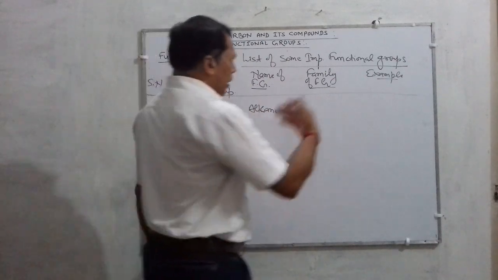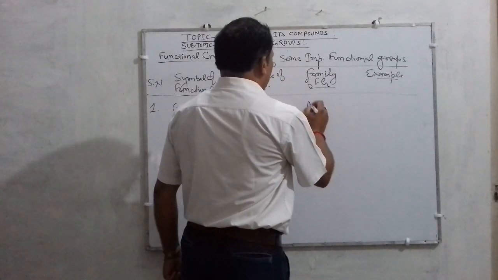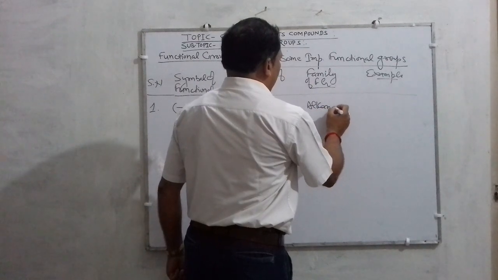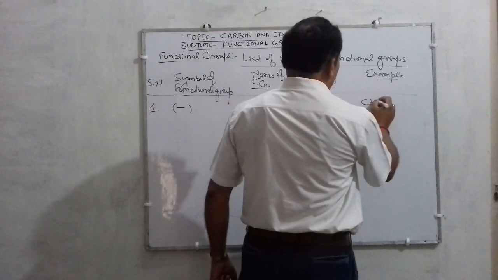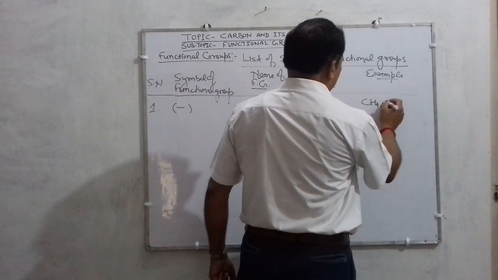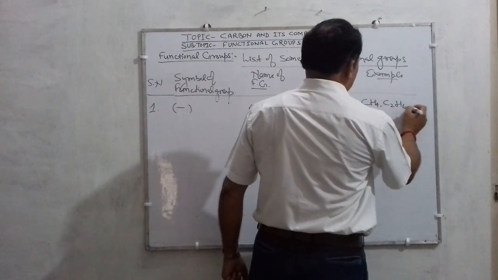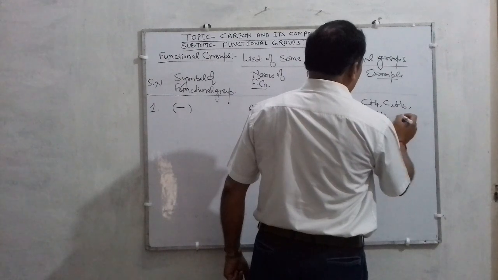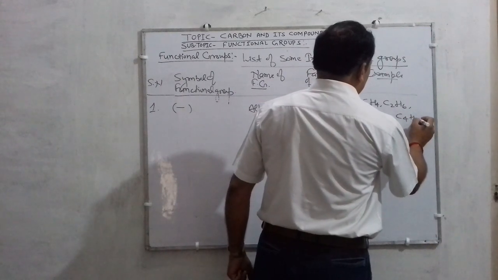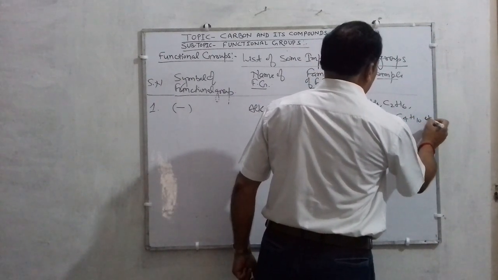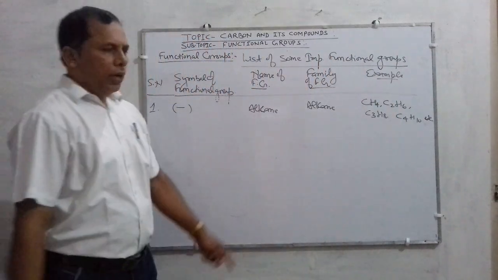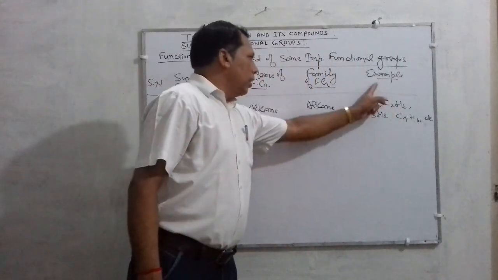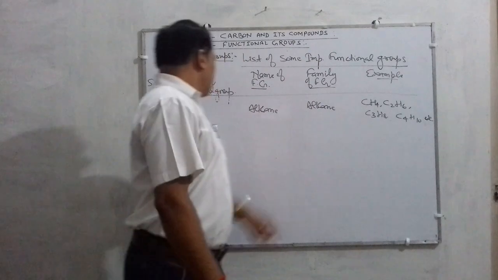The family of the functional group will be similar, alkane. For example, you can write CH4 is methane, C2H6 is ethane, C3H8 is propane, similarly C4H10 is butane, etc. So they form the examples, and this is the family.